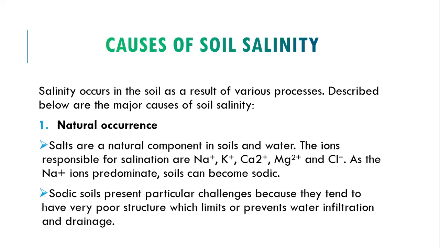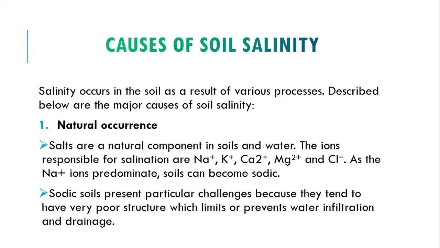Moving on, let's see the causes of soil salinity. Salinity occurs in the soil as the result of various processes. Described below are some of the major causes of soil salinity. The first one is the natural occurrence. Here, we talk about how the soil salinity can occur naturally. So the salts are a natural component in the soils and water, that's common.